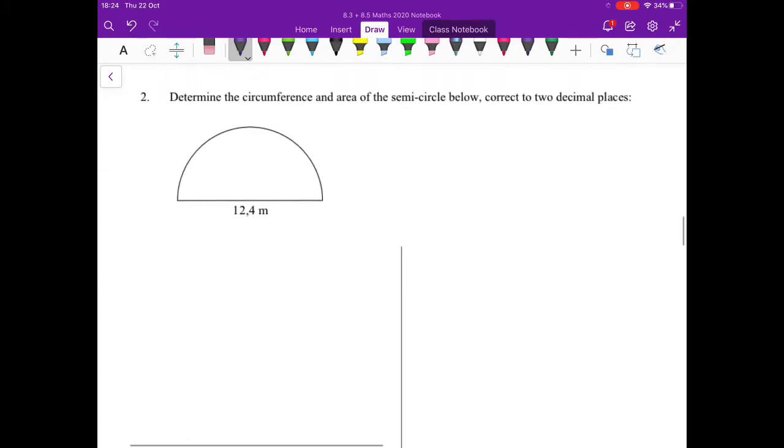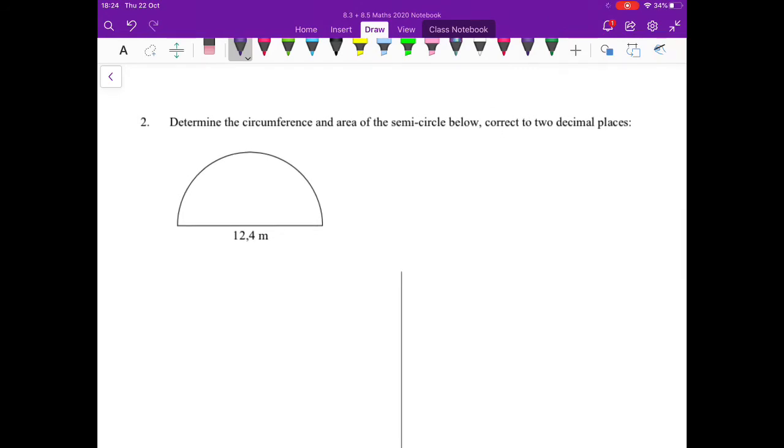Right, the next one I want to look at is determine the circumference and area of the semicircle. So from my diagram, I can see I'm working with circles. So I will go and write down pi d, pi r squared, area. So this is my area formula.